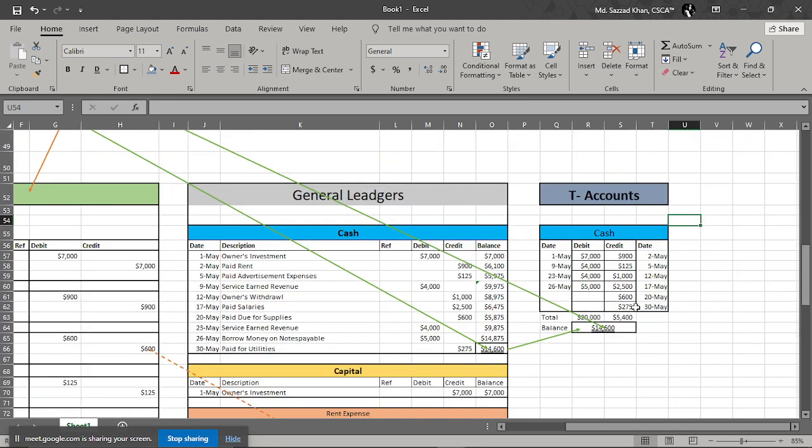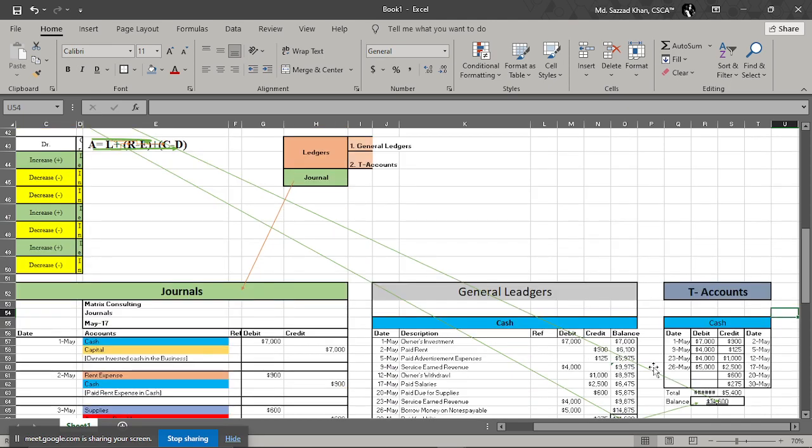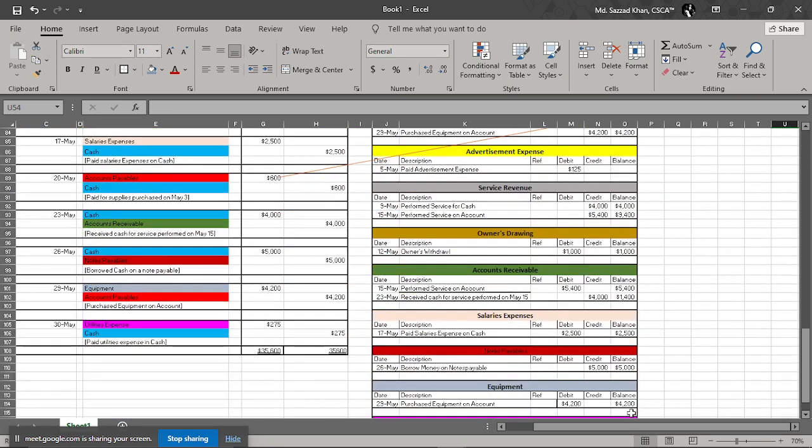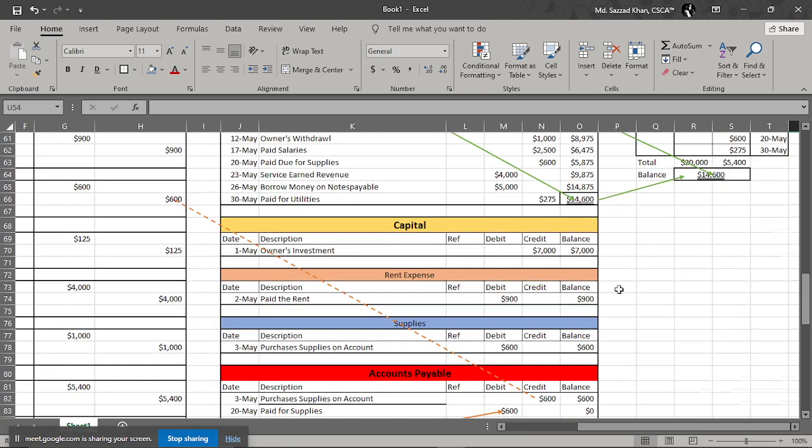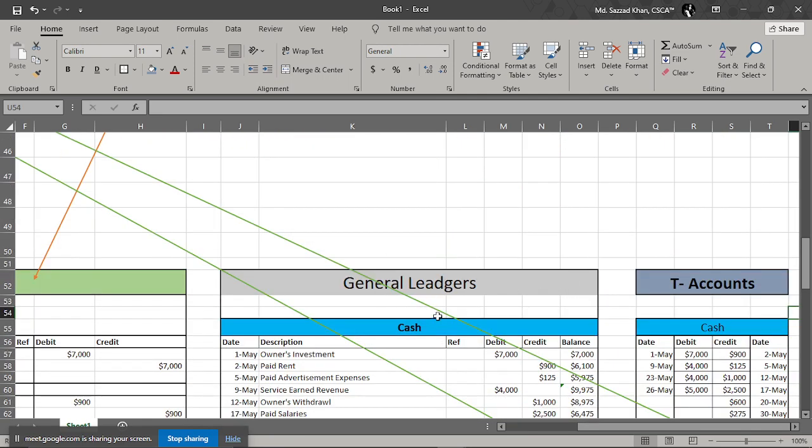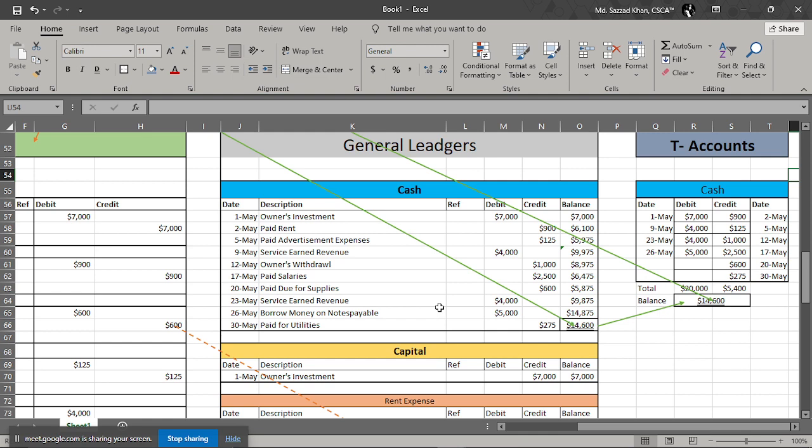Now we need to build a trial balance. We can use this simple information from the general ledgers. We can just write it down in the trial balance. In the trial balance, what do we do?